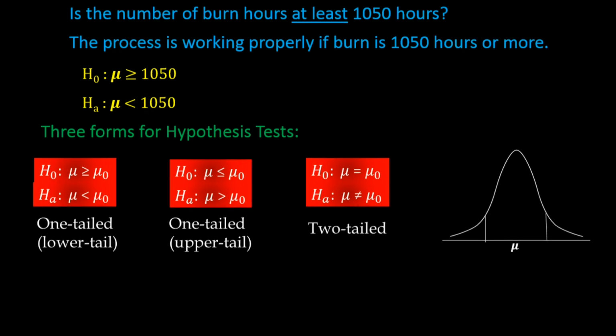Let's review what we have just discussed. First, we formulate our null and alternative hypotheses about a process or assumption about the population parameter. Then we go out and collect a sample, and we look for evidence in the sample that will help us to decide whether we reject the null hypothesis.